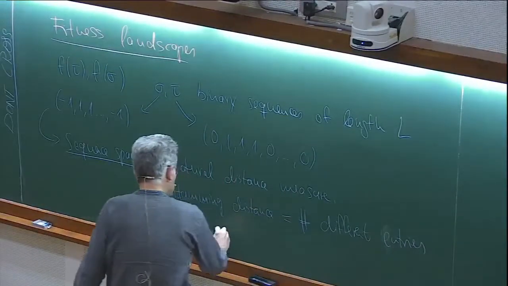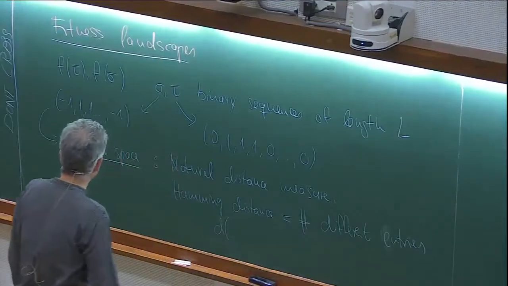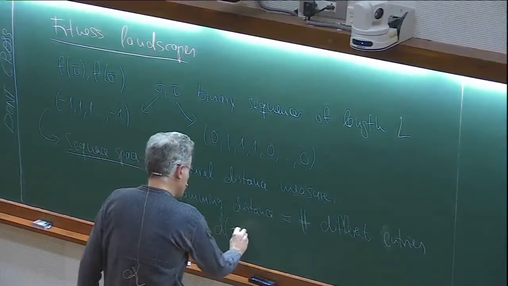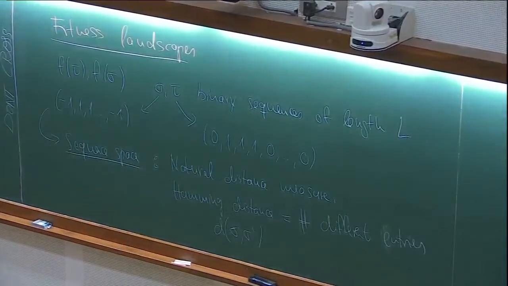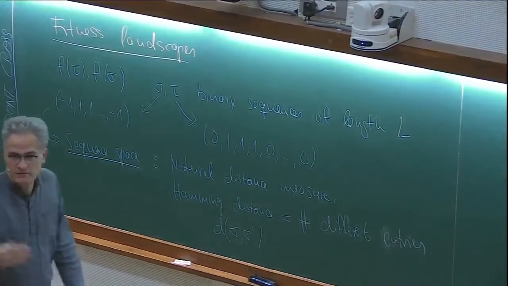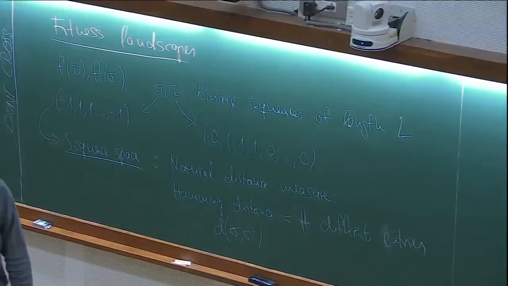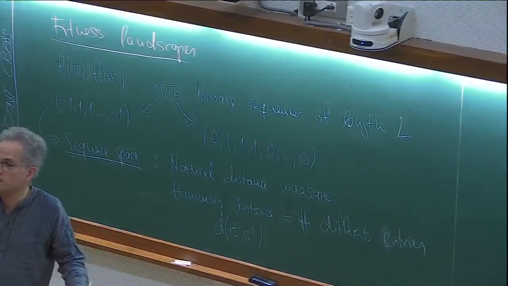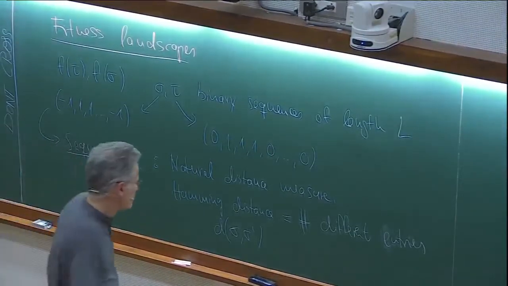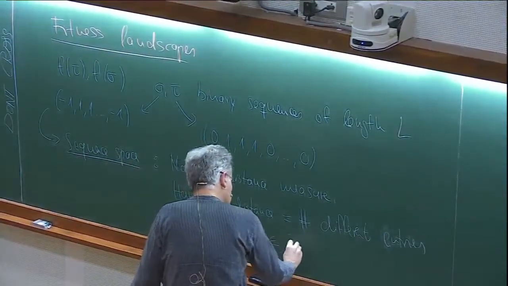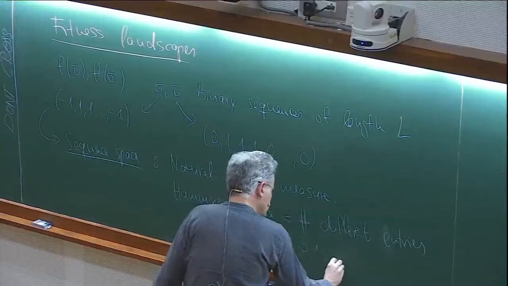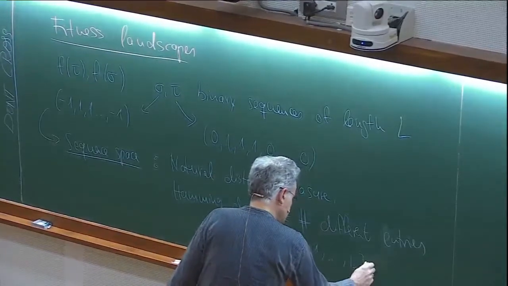For two sequences, I will denote this by d of sigma, sigma prime. So this is the Hamming distance between the two sequences. If the two sequences are the same, this is 0. The maximum it can be is L, because then they differ in all elements. So this is a number that can be up to L. Okay.